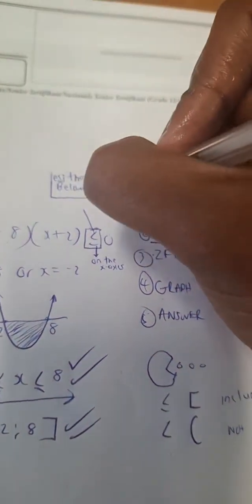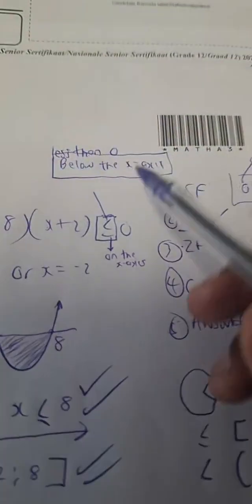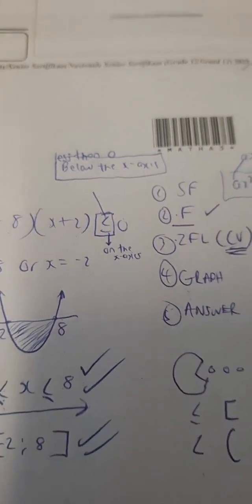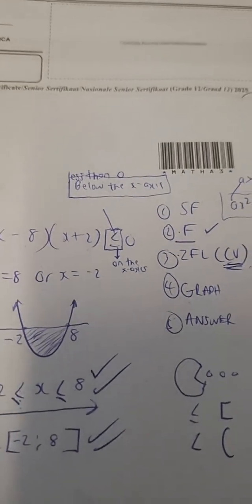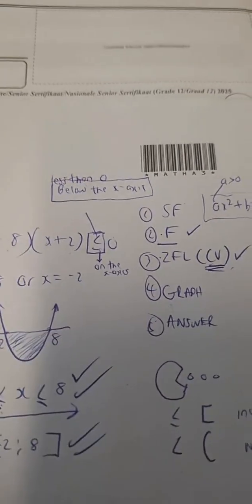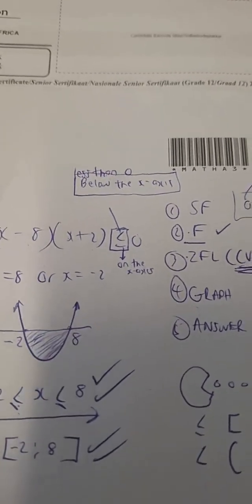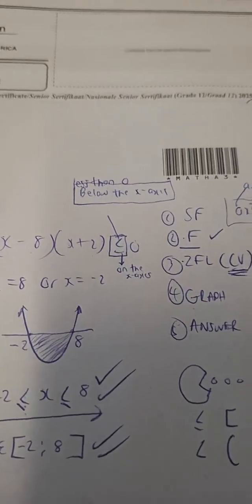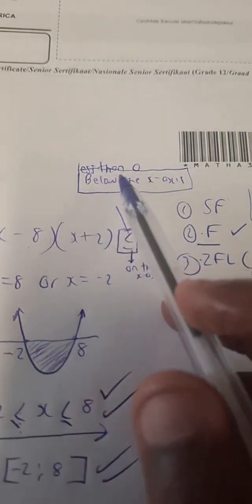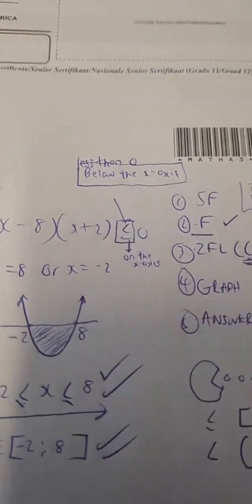Guys, less than 0 always means below the x-axis. Underneath the x-axis. Not on top of the x-axis or above the x-axis, but it means underneath. Less than 0 means below the x-axis, underneath the x-axis.